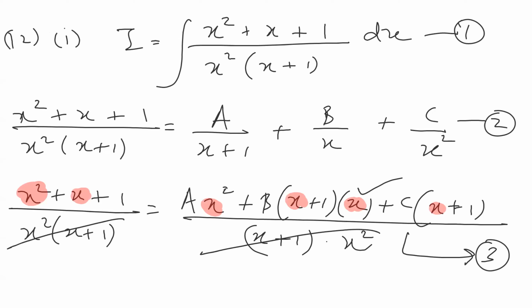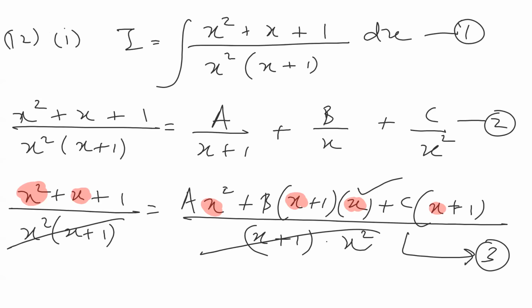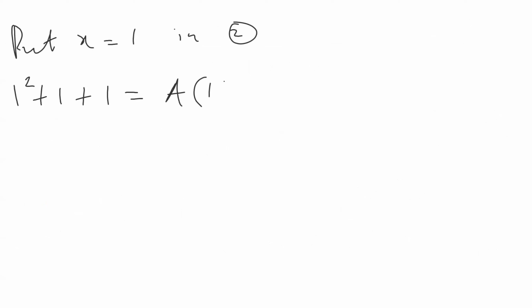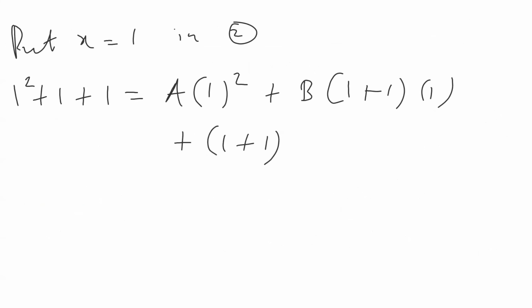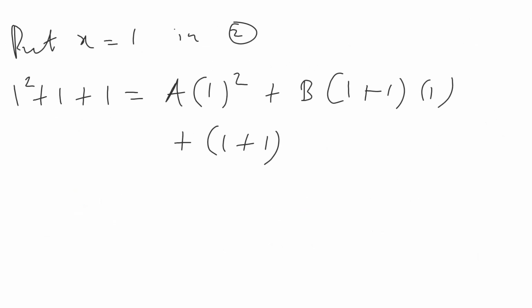So 1 square plus 1 plus 1 equals A into 1 square plus B into 1 plus 1 into 1 plus C into 1 plus 1. Sorry, I had written 2 over here, it's 3.